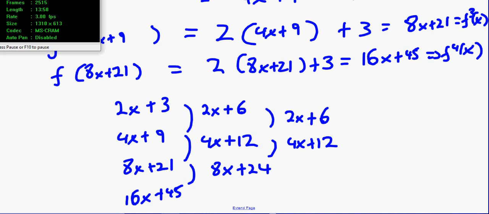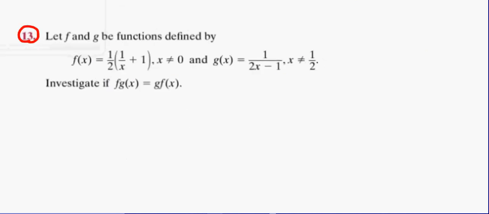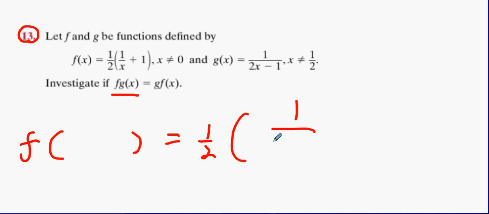Now, let f and g be the functions defined by the following. Investigate if f after g of x is the same as g after f of x. I'll do this one in red. So f of something is a half 1 divided by that something plus 1.